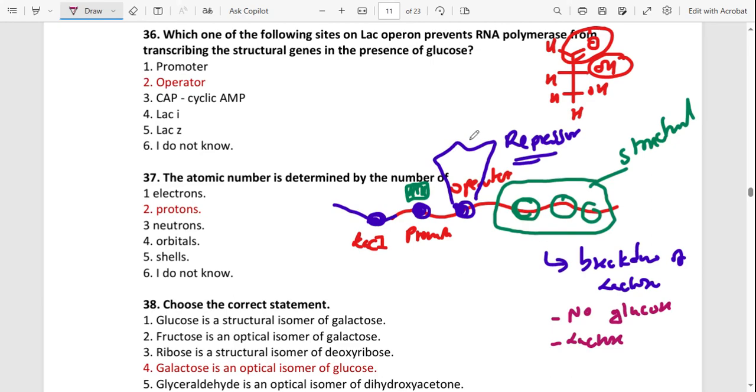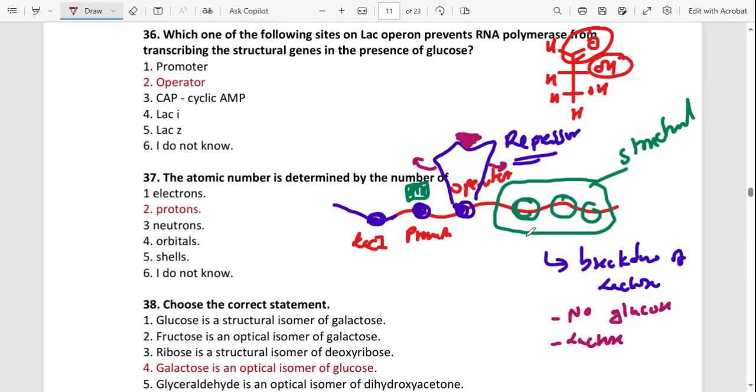Once lactose comes and attaches on the repressor, this is going to be an instruction. The repressor is going to remove its hands from the operator, and this way is now open, and the polymerase can now pass and transcribe the genes. Okay, so this is what happens.